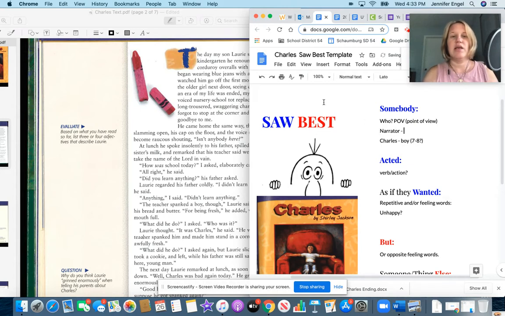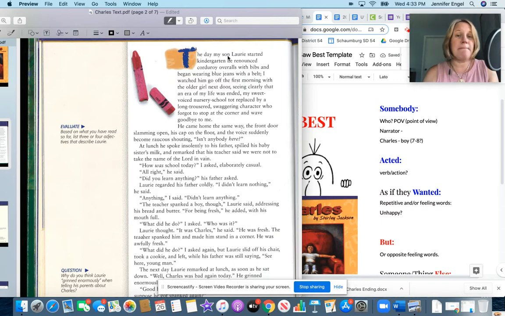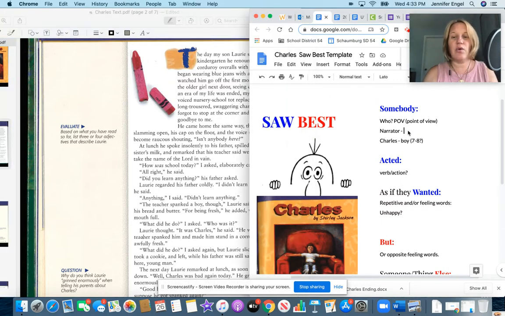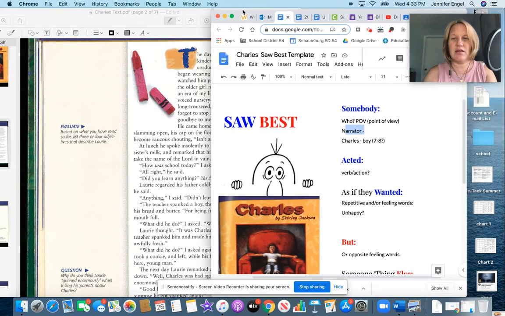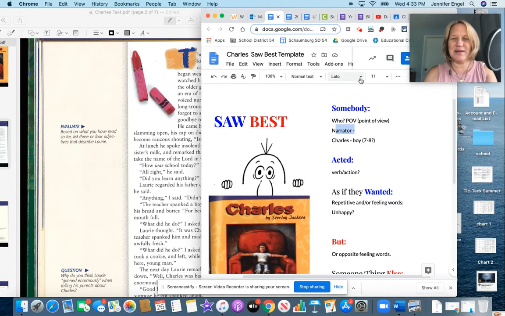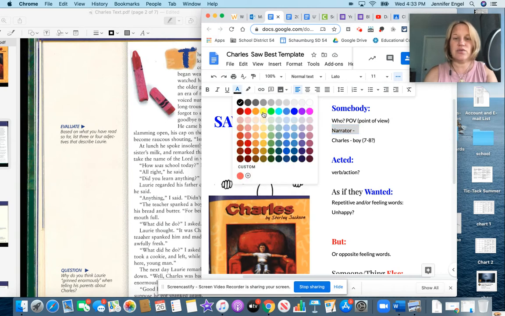Okay. So from that, it says, my son Laurie. So the narrator is actually going to be, let's see if I can get some of my tools going here. The narrator is actually going to be the one telling the story.